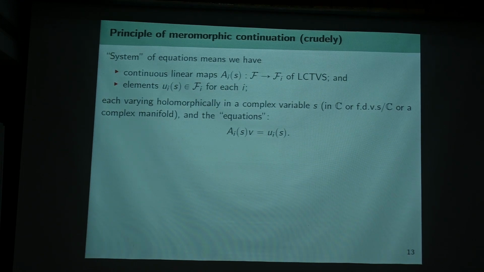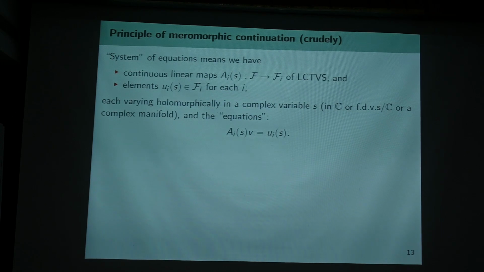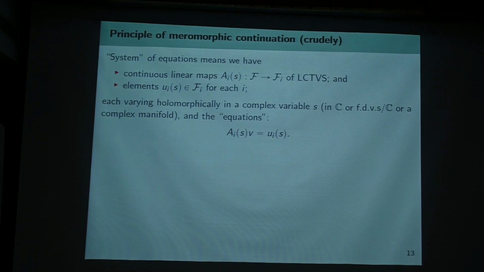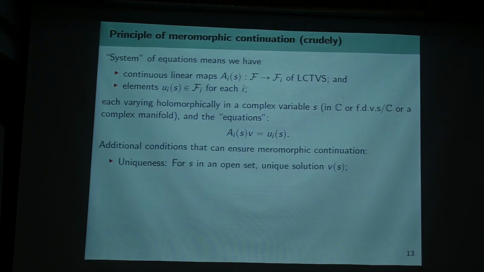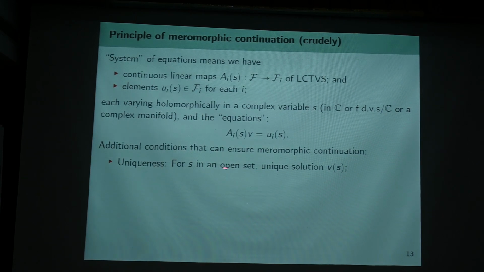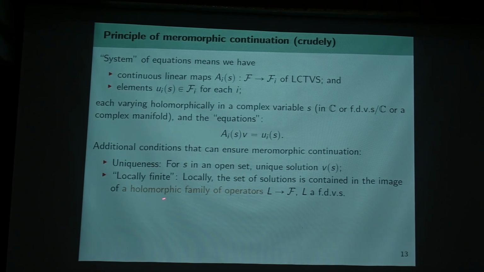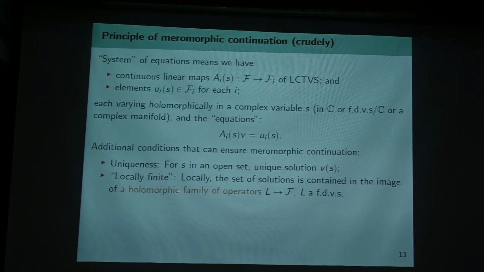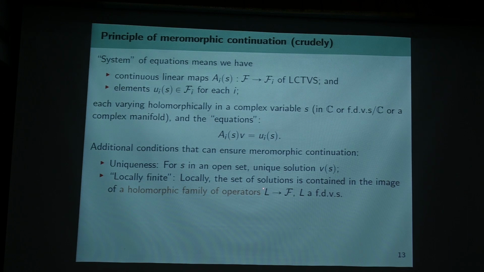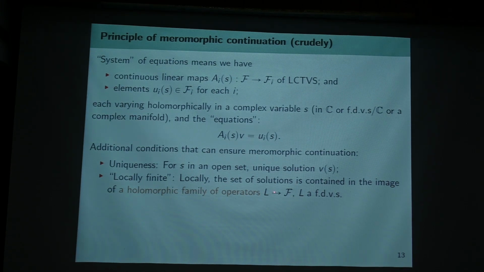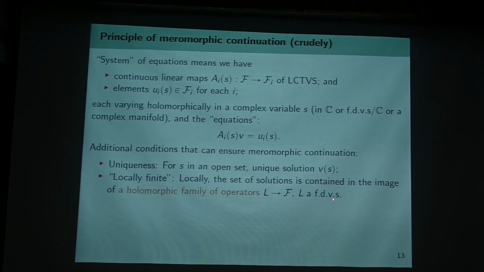So this is what linear equations mean for us, and then there should be additional conditions to ensure that this has a unique meromorphic family of solutions. For S in some open set, there should be a unique solution P of S. And there should additionally be a condition called local finiteness, namely, the solutions locally should be contained in the image of a map from a finite dimensional vector space.